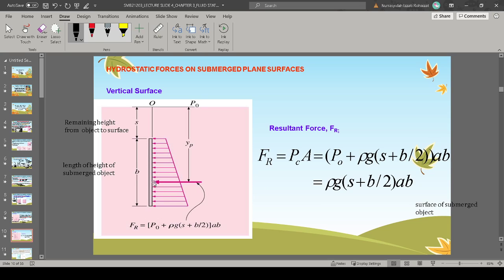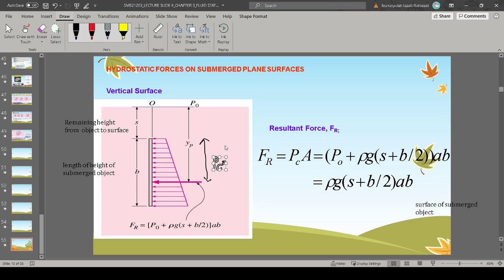The pressure is acting at the centroid, so your h will be b over 2.